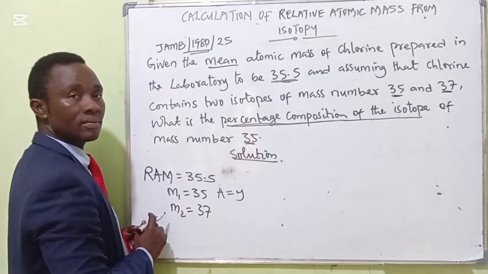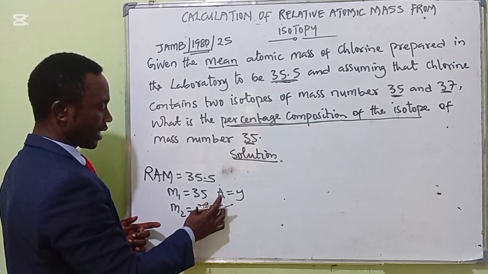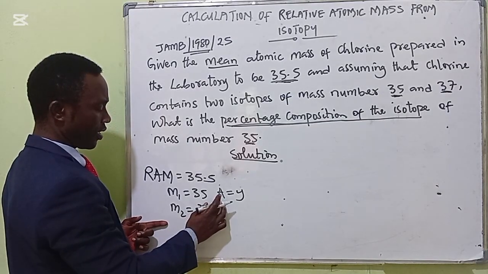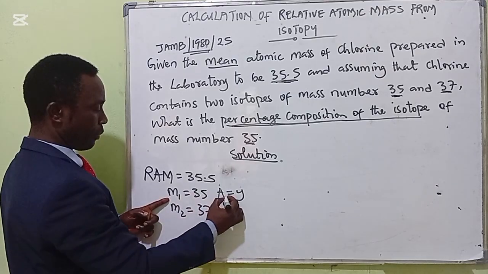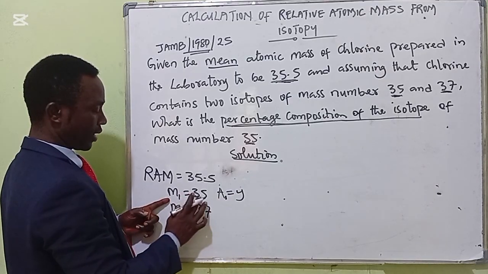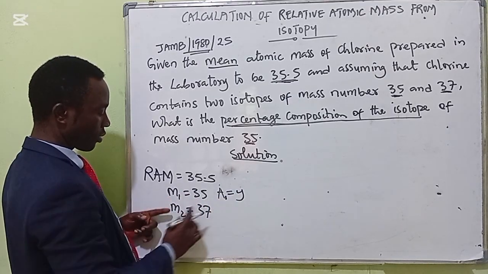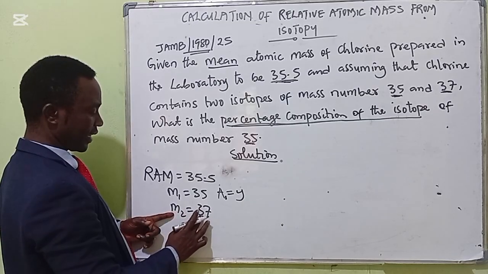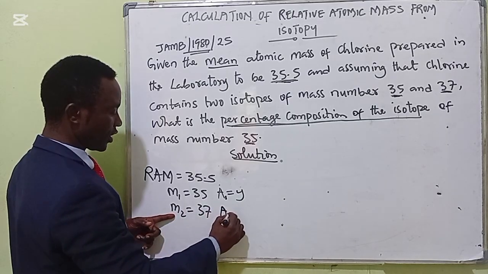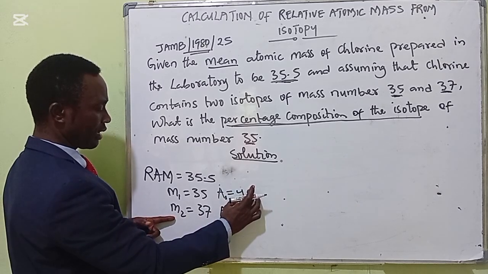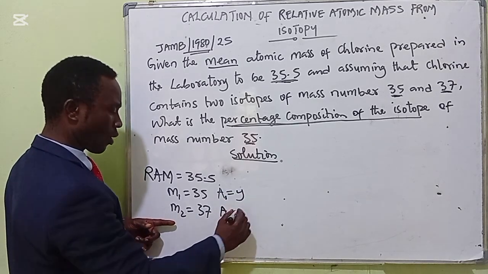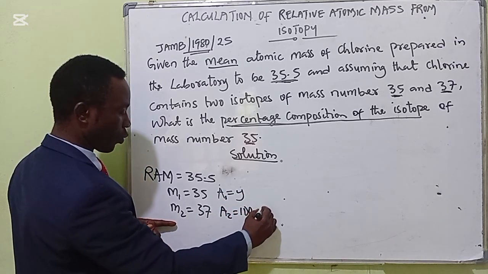let us take it to be y. Remember the mass M1 is 35. The abundance A1 of that mass 35, let's take it to be y. Then the mass that is 37, the abundance, which is A2, should be 100 minus y.